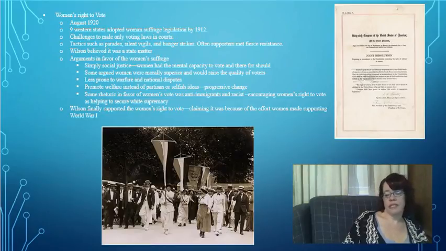So I also want to discuss some of the main arguments in favor of women's suffrage. I want to discuss this because I think it's important that we see that the call for civil rights is not always the same. I think many of us think the call for civil rights is kind of a given, a social justice movement, but in women's rights especially, that's not always the case. So some people did see it as a simple matter of social justice.